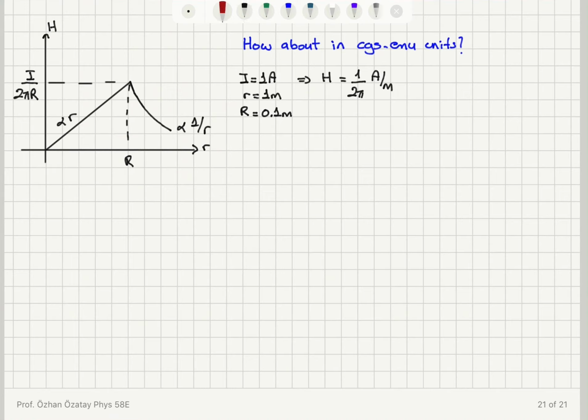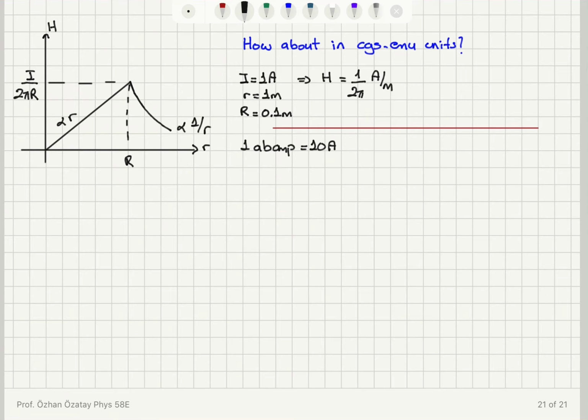Now, if I try to do this using CGS, I should take the current to be in amps. So 1 amp in CGS EMU units is 10 amperes.